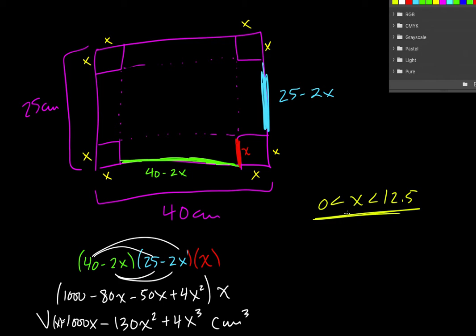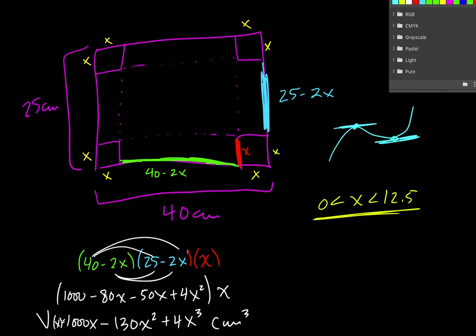Okay. Now, because we want to maximize this, remember, if we were to graph this, it's a third degree function, so it's going to look possibly something like that. And we want to find this point right here. Now we know from previous lessons that we just find the derivative whenever we get these peaks or valleys.